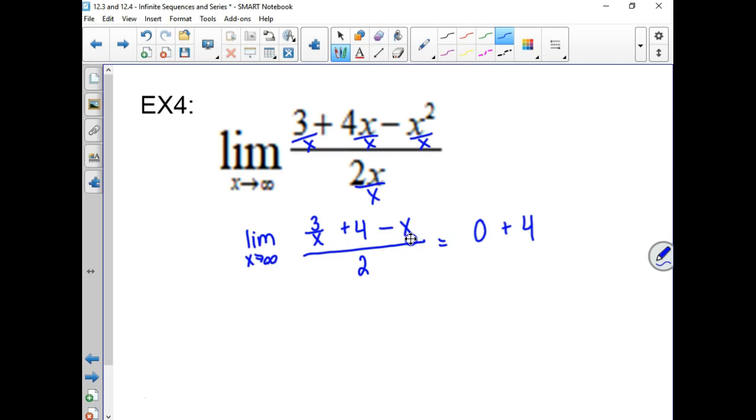It's not going to be 0 this time because x is not in the denominator. If you think of x getting closer and closer to infinity, this is going to be 1, then 2, then 3, then 4, 5, 6, 7, 8, 9. It's just going to keep on going forever, right? So this is infinity. If it's in the numerator, it's just replaced with infinity. And then the denominator would be 2.